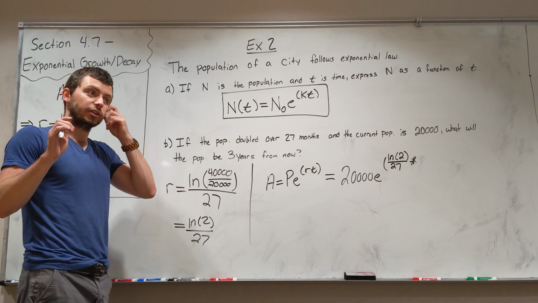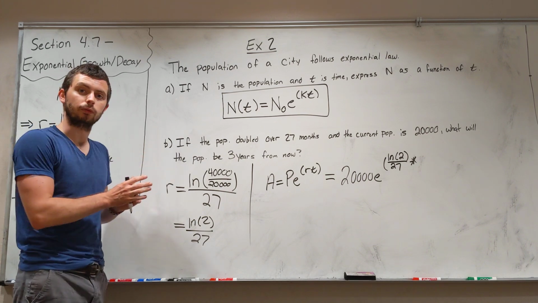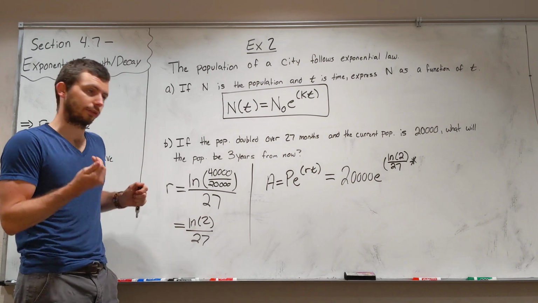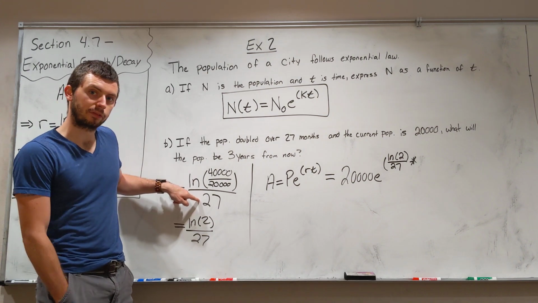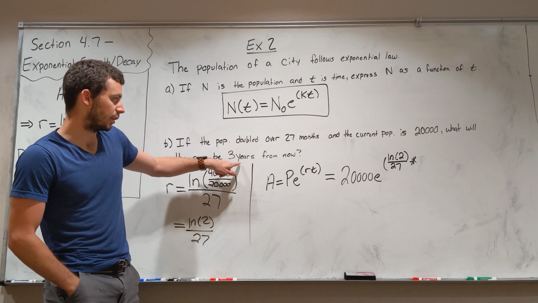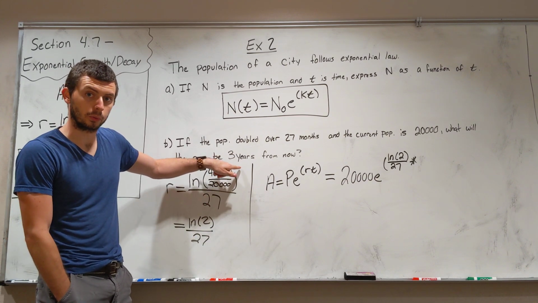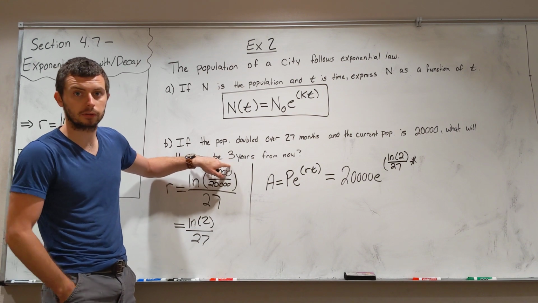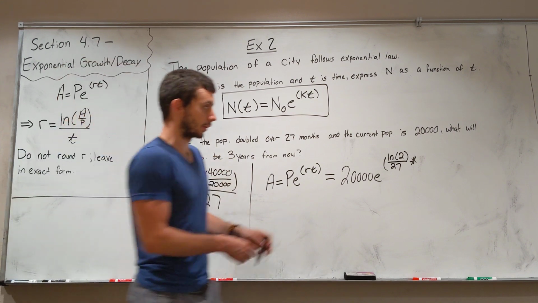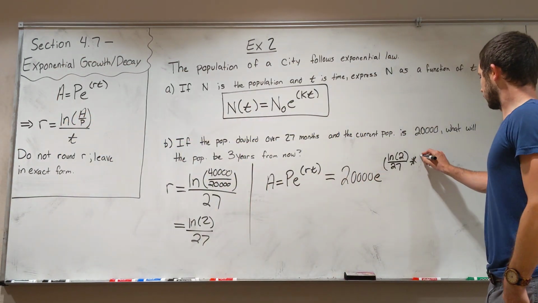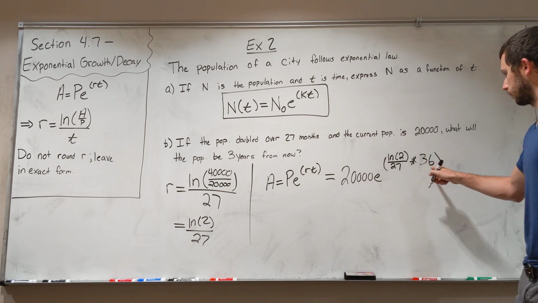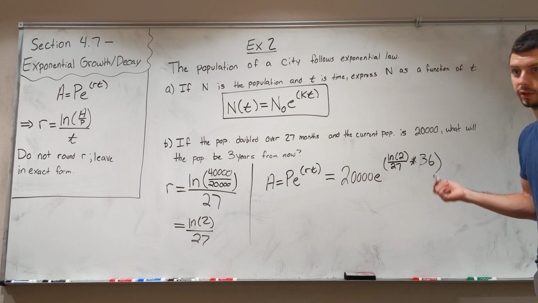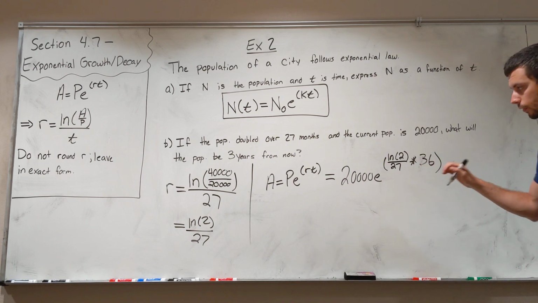We can use whatever we want for time, but if we pick one unit, we have to be consistent. Here we picked 27 for 27 months. That means we need to convert 3 years to months. 12 months in a year, 3 years, that's 36. So I'm putting 36 here. That's how many months are in 3 years.